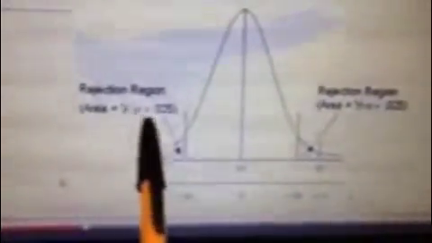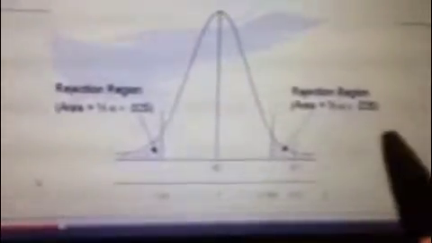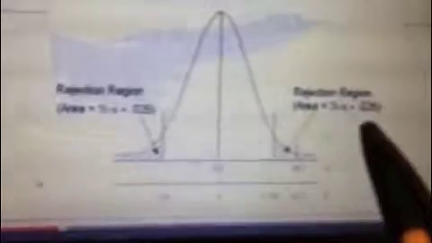The area equals half of alpha, and remember alpha is 0.05, so half of 0.05 is 0.025, and on this side the area also equals half of alpha, 0.025.